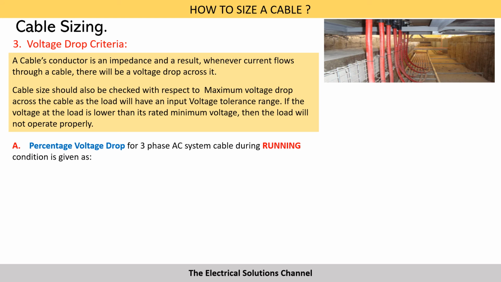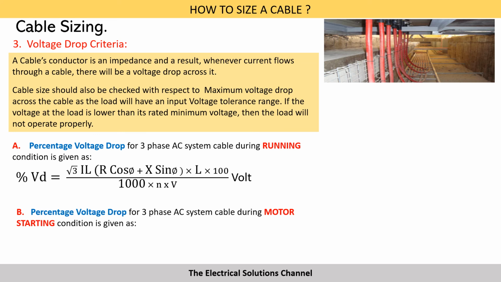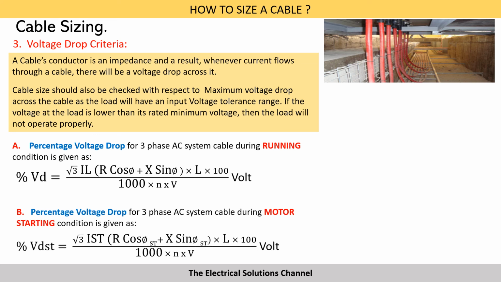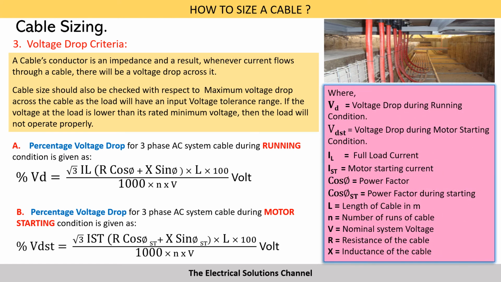to operate properly. The formula for percentage voltage drop during running condition and during motor starting condition are as given in the presentation, where Vd is equal to voltage drop during running condition, Vdst is equal to voltage drop during motor starting condition, IL is the full load current, IST is the motor starting current, cos phi is the power factor under running condition, cos phi st is the power factor during starting condition, L is the length of the cable in meters.